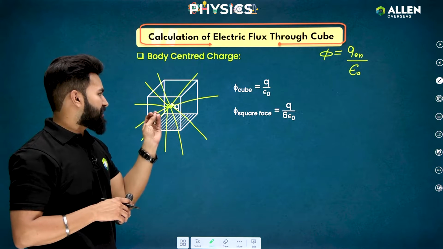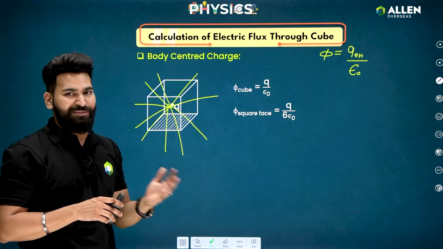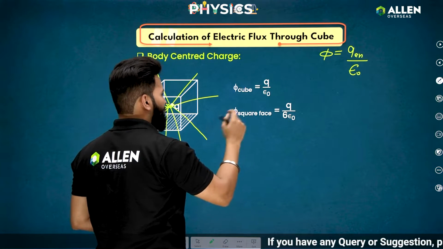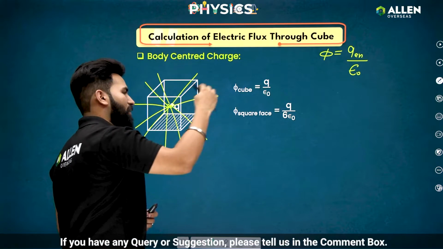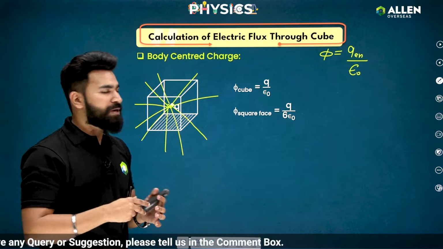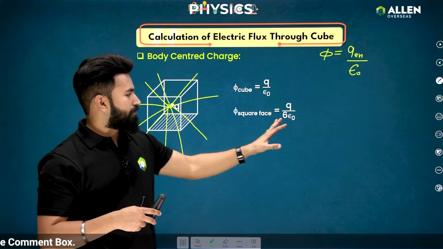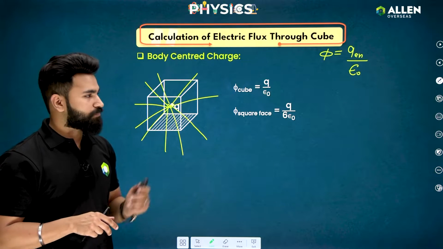So the charge is placed at a symmetrical point so that the electric field lines will be ejecting out symmetrically. If I calculate the flux through a particular face, then it will be just Q by 6 epsilon naught, because Q by epsilon naught was the total flux from the whole cube, and we know that the cube has 6 faces. So from one such face, the flux coming out will be Q by 6 epsilon naught, right?